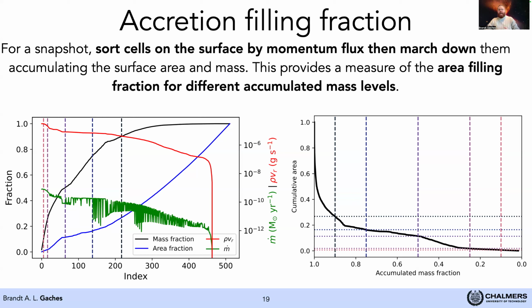If you just ask how many cells along the surface have net accretion versus outflow or zero, so VR greater than 0 and density greater than 0, it turns out it's generally quite high, 75, 89%, but most of that is low-level accretion that doesn't play any significant role in the accretion rate at that time.